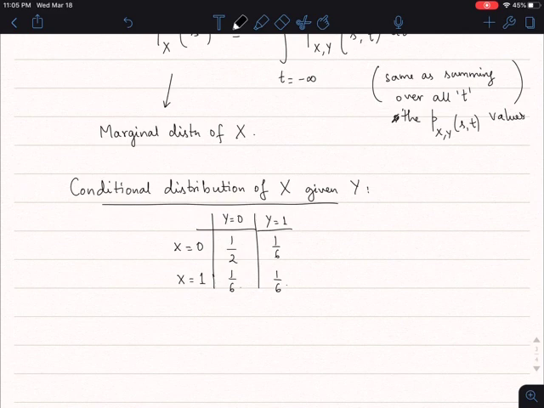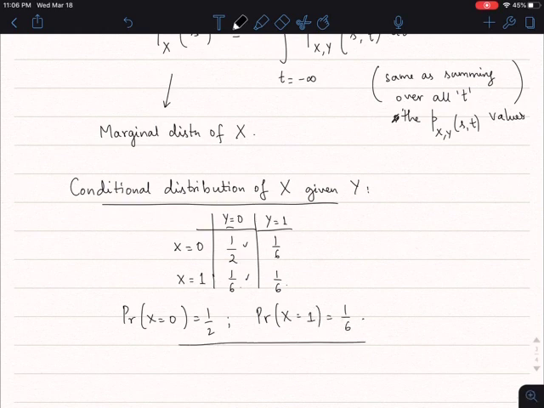So we are interested in the first column. And so you might be tempted to say that conditioned on y equals 0, the probability that x equals 0 is equal to half, and the probability that x equals 1 equals 1/6. But this is incorrect. This is not a distribution.